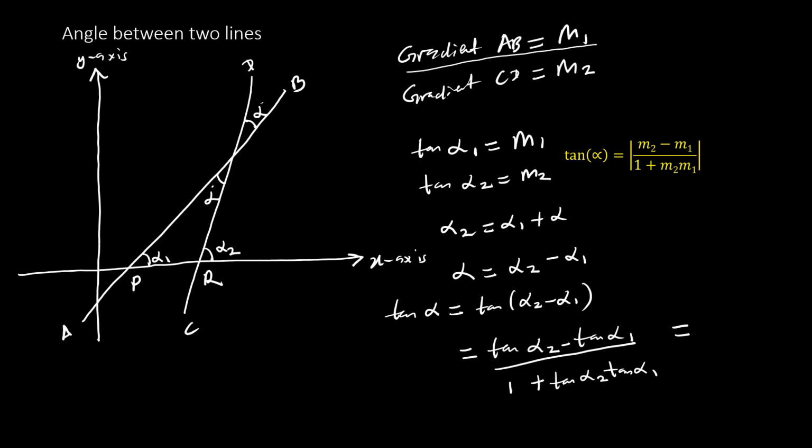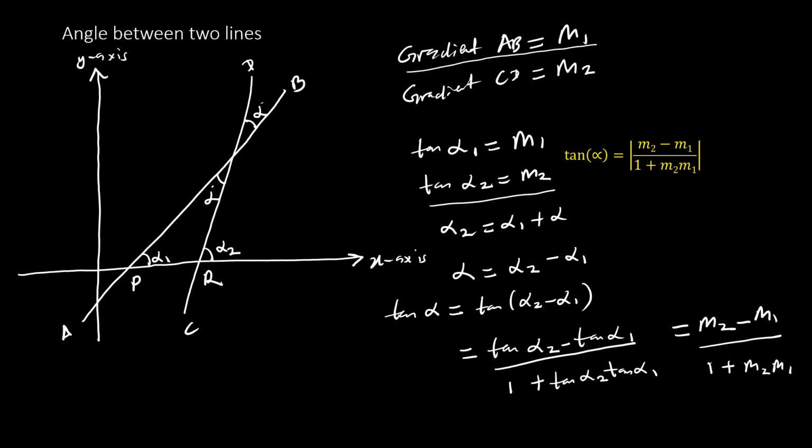So we are going to have here tan alpha 2 is m2 minus tan alpha 1, which is m1, divided by 1 plus m2 m1, and that is the formula for finding the angle between these two lines.